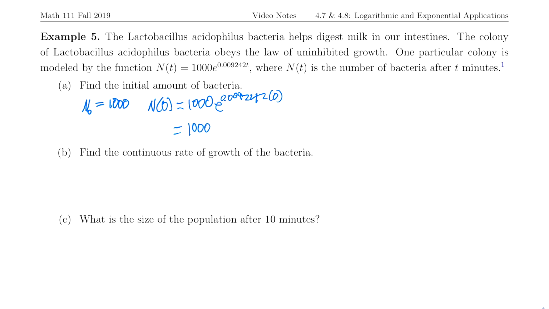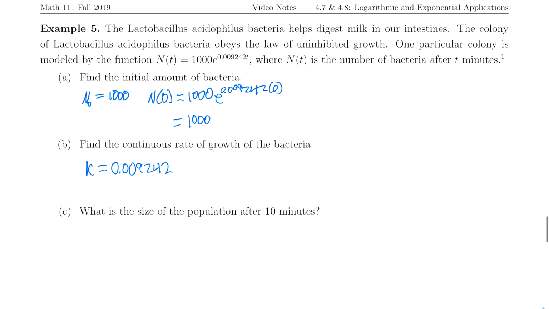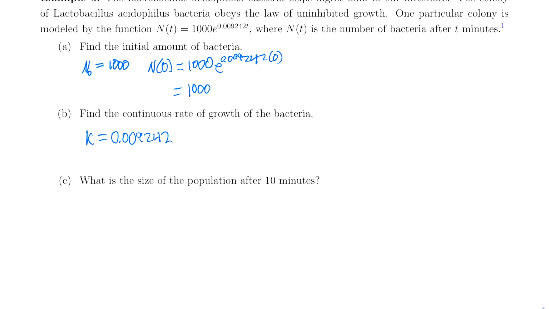Now, our continuous rate of growth of these bacteria is the number in the exponent in front of the t. That is our k. We're just reading it off here, and that's how we defined our continuous rate of growth. So that is 0.009242.